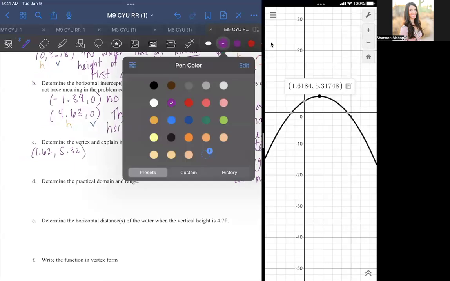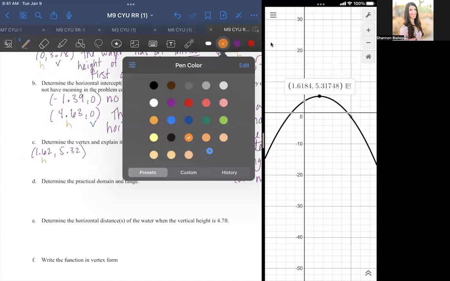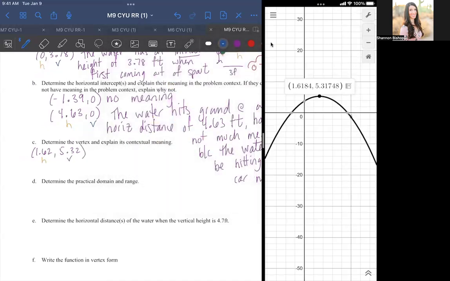Well, again, we've got the horizontal distance of the water as well as the vertical height of the water.